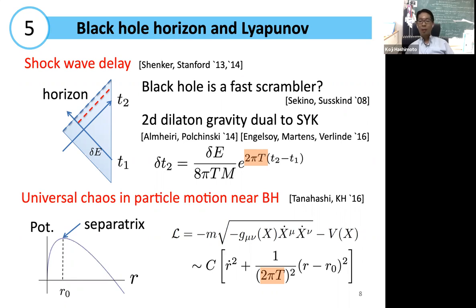Since this argument does not depend on any dimensionality or any kind of black hole, the point is that it depends only on this 2 pi T, which is the Hawking temperature. So we may roughly be allowed to argue that this 2 pi T saturation of the Lyapunov coefficient is an indication of the horizon behavior.